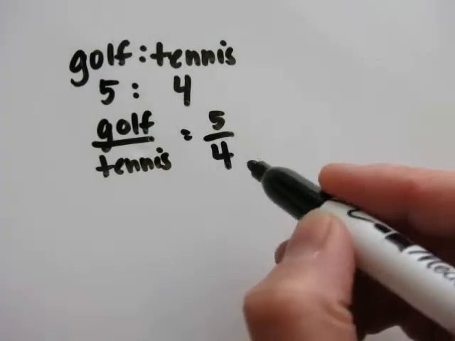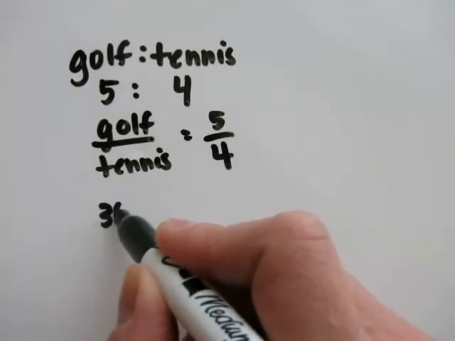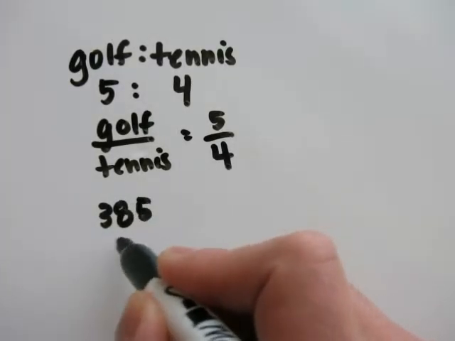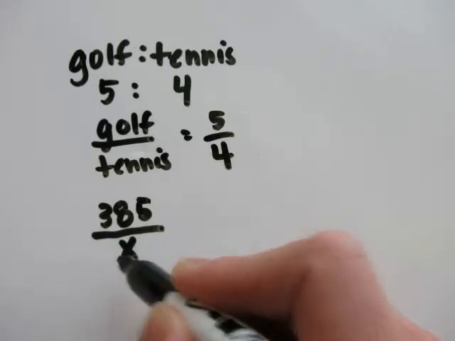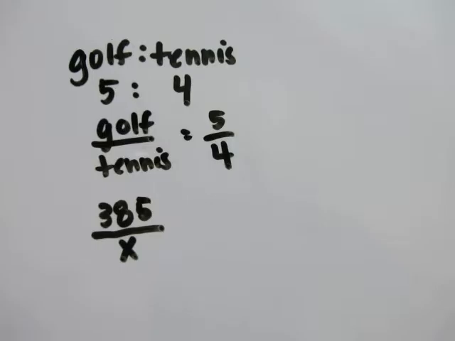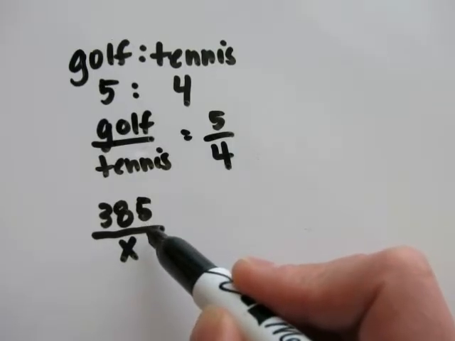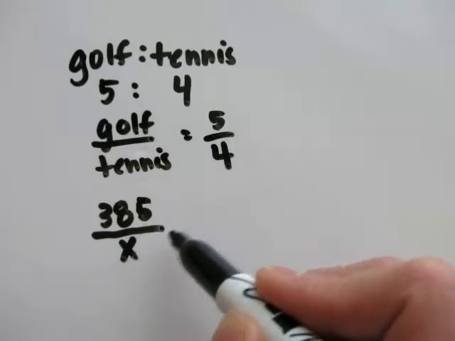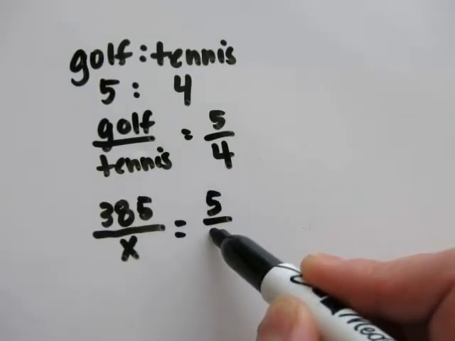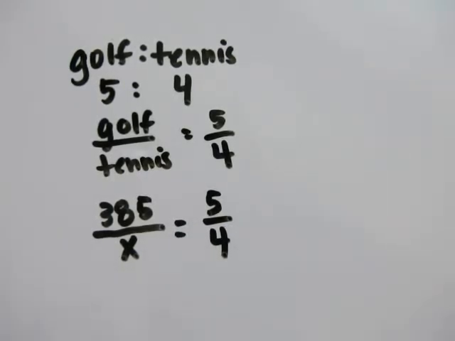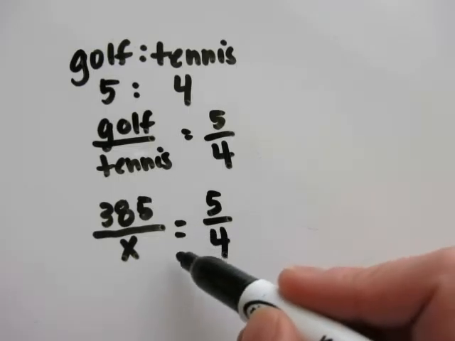It's telling us that there are 385 golf balls, and we want to solve how many tennis balls there are, so we'll say x. 385 over x is the same ratio as 5 to 4. So this is the equation, and we want to solve for x, which will give us the number of tennis balls.